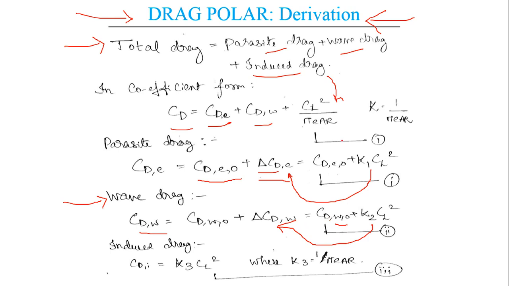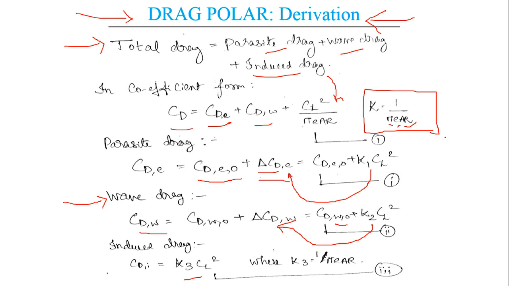The third portion of this equation is induced drag, which can simply be written as K CL square, the drag caused due to lift. In all these terms, we need to note that K is nothing but the inverse of pi e AR. AR is the aspect ratio, e is the Oswald efficiency factor, and pi is basically the value 3.14.